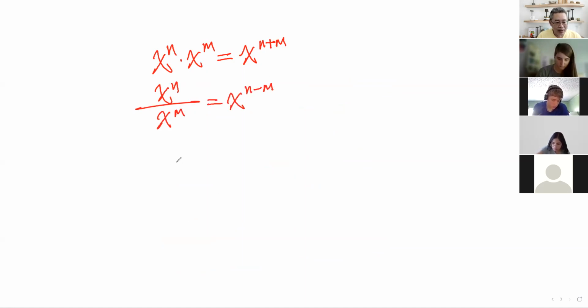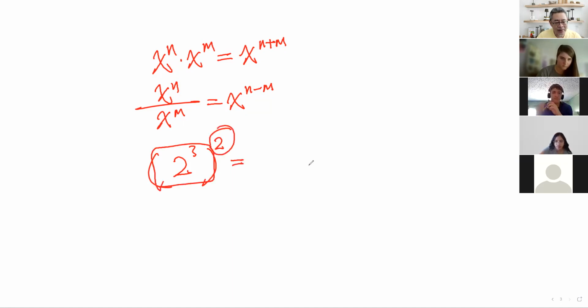Then we're going to look at what we mean by, if we do like 2 to the third in parentheses, to the second. Well, what's that? Remember, this is the base to this exponent. That means we got 2 to the third multiplied twice, and that gives us 2 to the 6th.